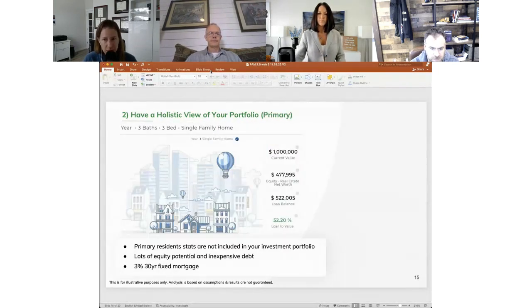So this is his primary home. Just wanted to give you a snapshot. He does have a good amount of equity in this property. However, we're actually not going to tap into it in this situation. It's there if he needs it, but we can actually work within his current rental properties to make him achieve his goals.